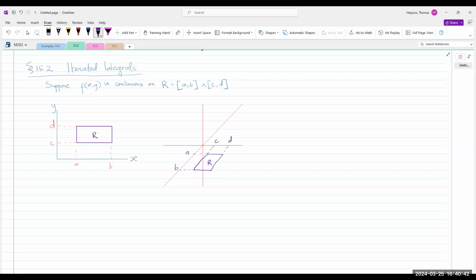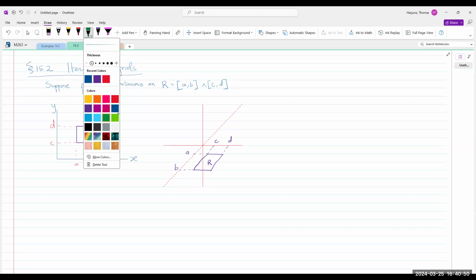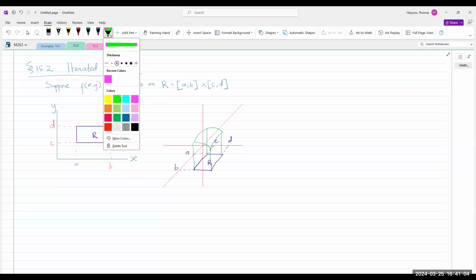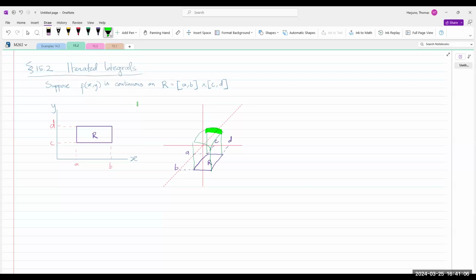Now we want to integrate over a function. Let me use what color? Maybe I use green. Okay, over a function, a surface on top of this R. Let me color that with a very light green. So this is the surface here.